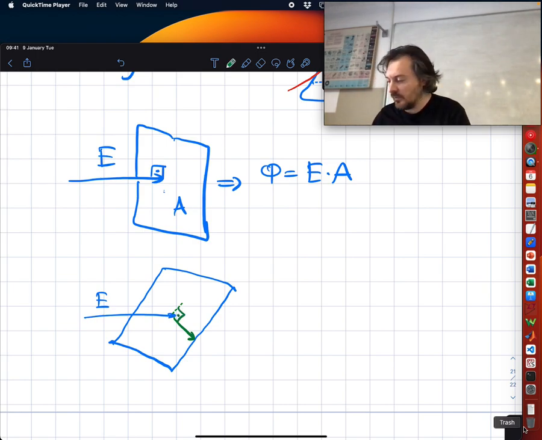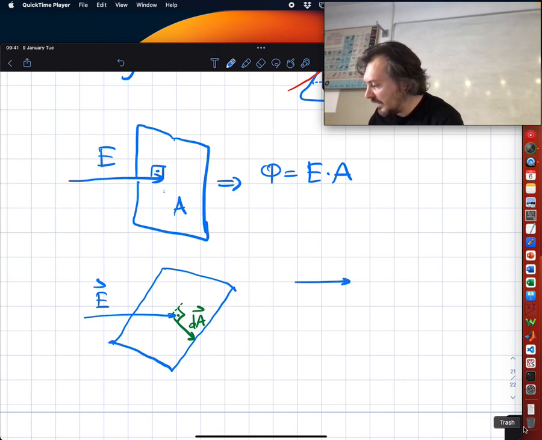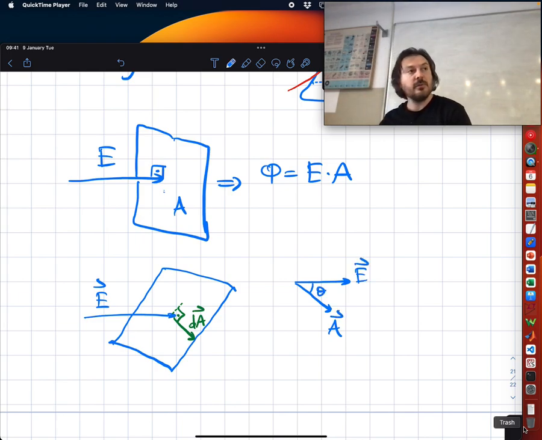In this case, there is an angle between E and dA, so we get the cosine of this angle.